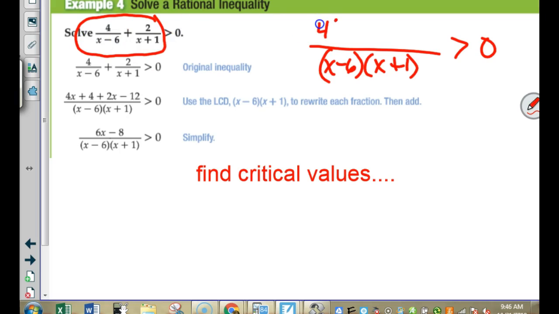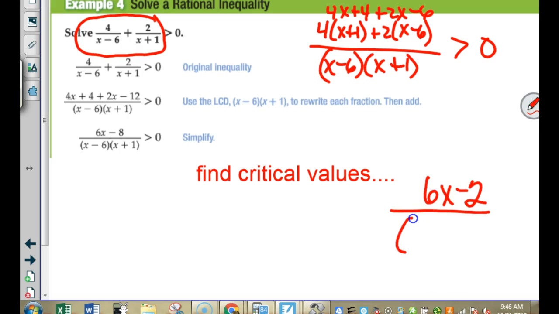The 4 would multiply by an x plus 1, and the 2 over x plus 1 would have to multiply by an x minus 6. If I distribute on the top, I end up with 4x plus 4 plus 2x minus 6, which combines to become 6x minus 2, over x minus 6 and x plus 1.